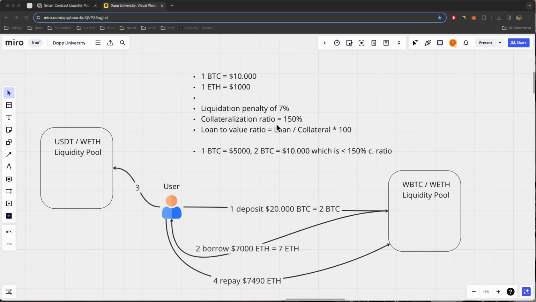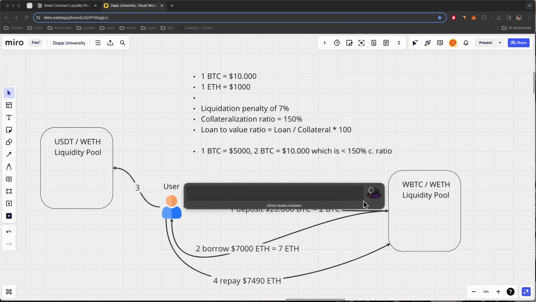It's basically how much collateral we want to have in this liquidity pool in regards to the loan we'll take out. So if we want to take out 7k worth of it, which is 7 ETH, we need to have at least minimum 100% collateral on this 7k, and a minimum of 150% in Bitcoin is going to be $10,500.